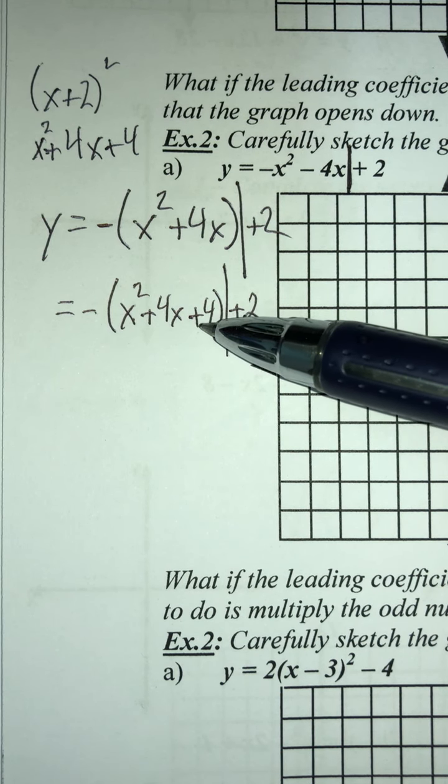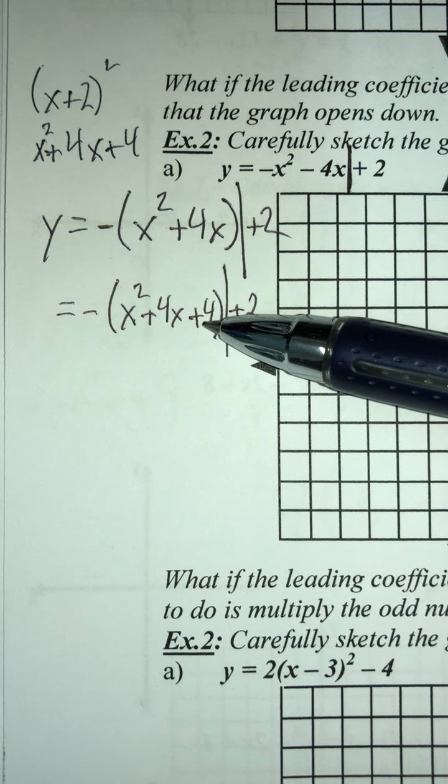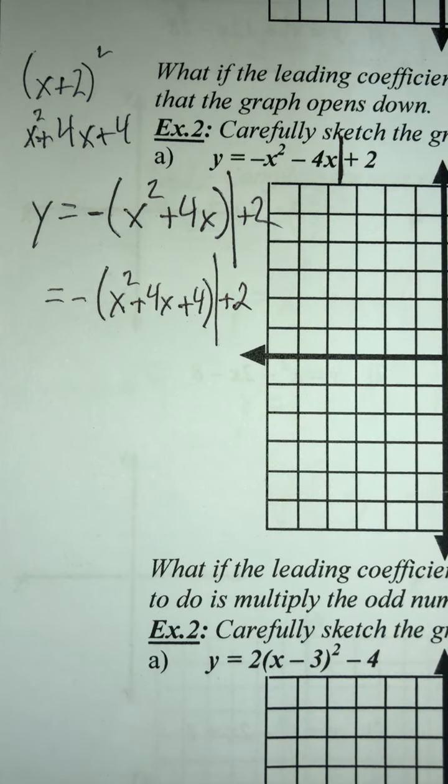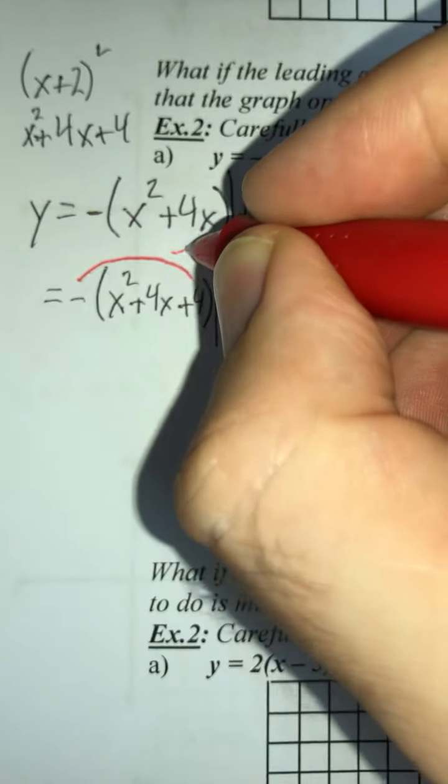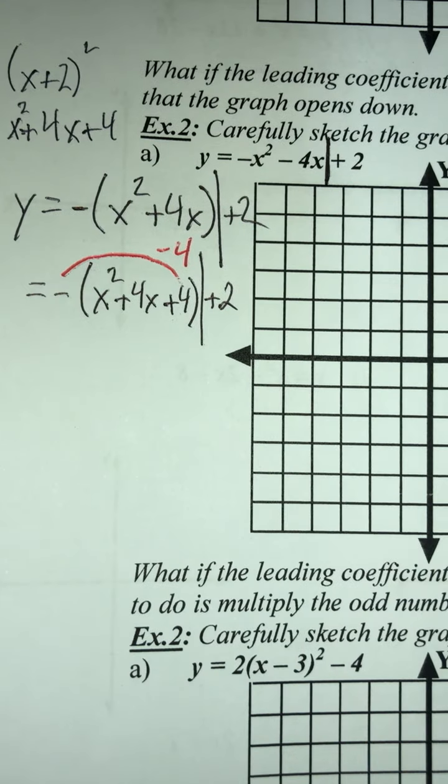I added 4 here, but because there's a minus here, when these two correlate with each other, they don't give you a positive 4 on that side, they give you a minus 4. So if I correlate the two of these, I really subtracted 4 from this side of the equation.